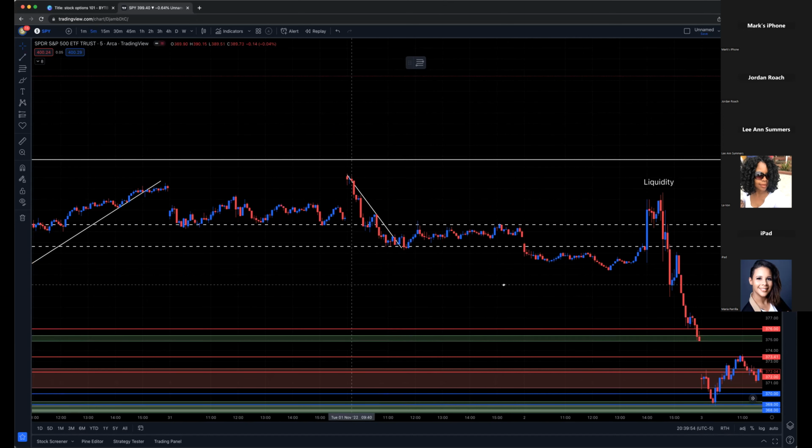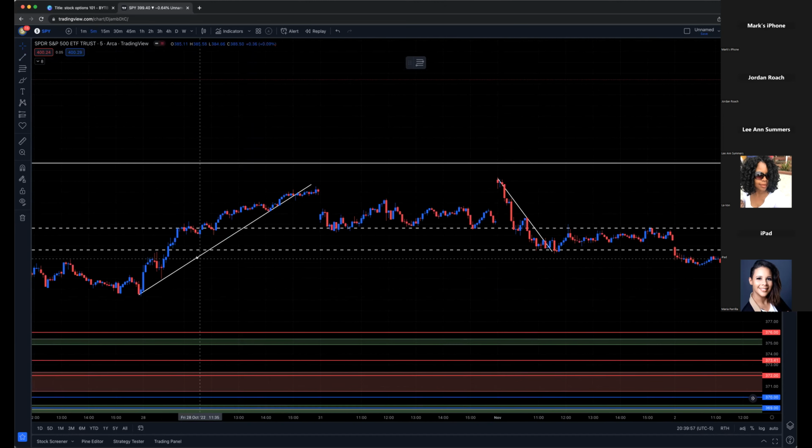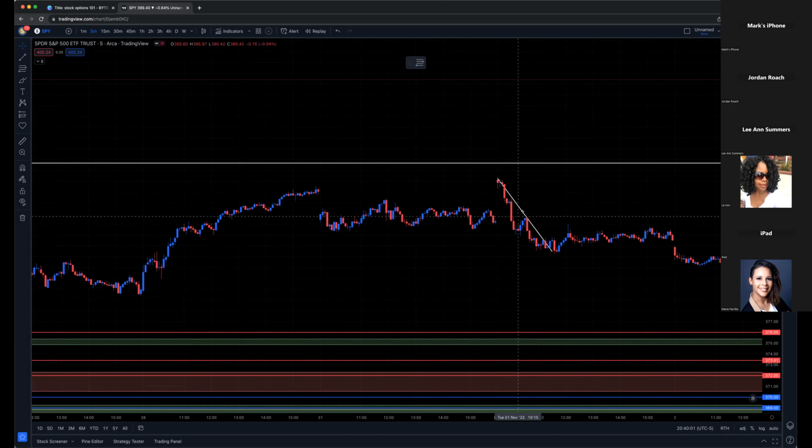So that's the first part. The second part of trading 101 is that we're really looking for what we call support and resistance.